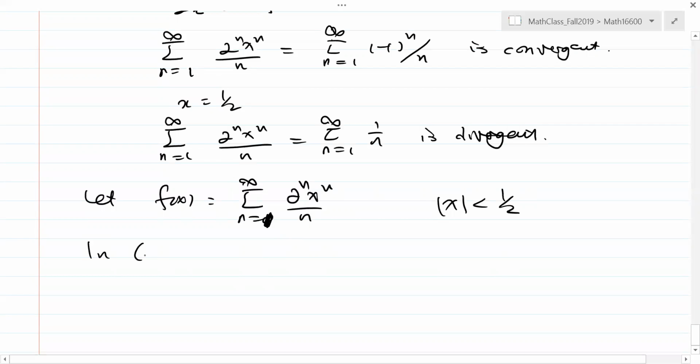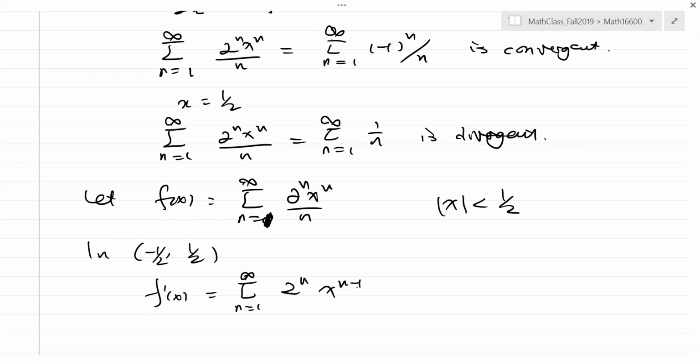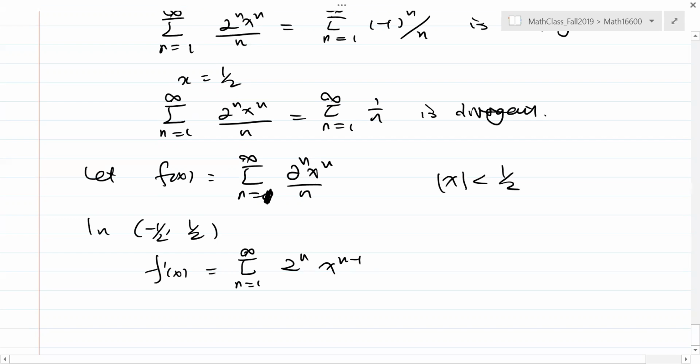So in this interval, I can freely differentiate the function defined by this power series, since it's differentiable. So what I get is just 2 to the n, x to the n minus 1. Great, right? I differentiate every term, and the derivative is easy to understand.